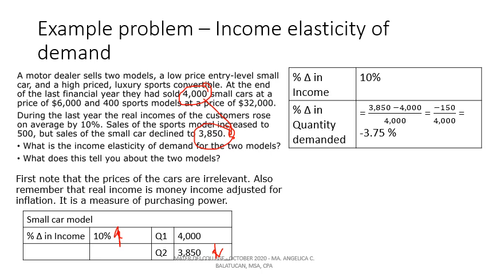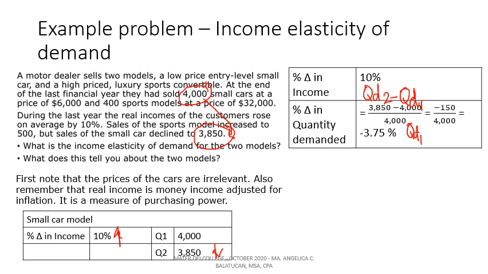So the essential parts of our formula, remember, our numerator is the percentage change in quantity demanded over the percentage change in income. So we have here from 4,000, our quantity demanded 1, it became 3,850. And our denominator here is our original quantity, or our quantity demanded 1.